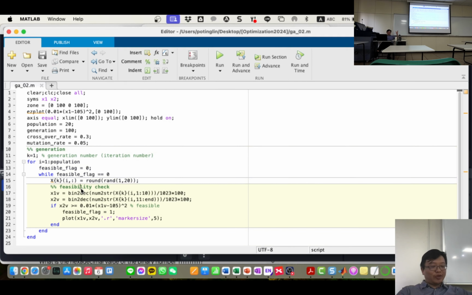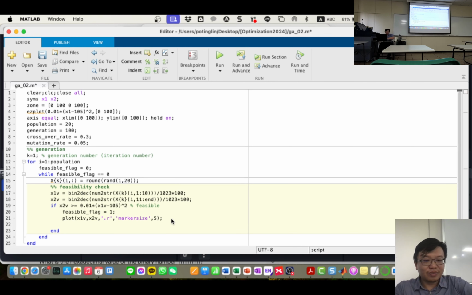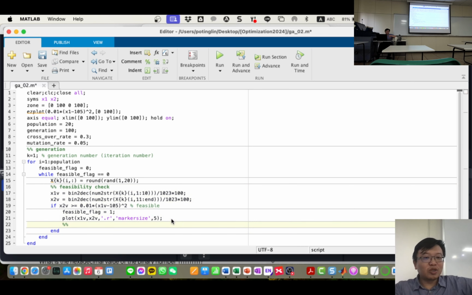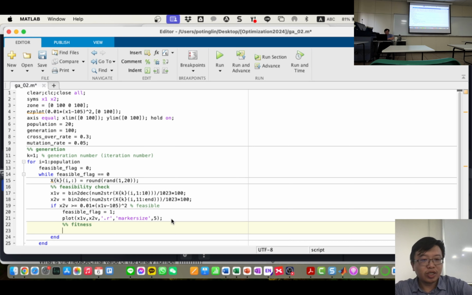Now we have the chromosomes, 20 of them. I need to check their fitness. I'm going to check the fitness just here, inside the loop, because once I know it's a good one, I'm going to check its fitness. So I am going to just say fit, bracket k comma i.